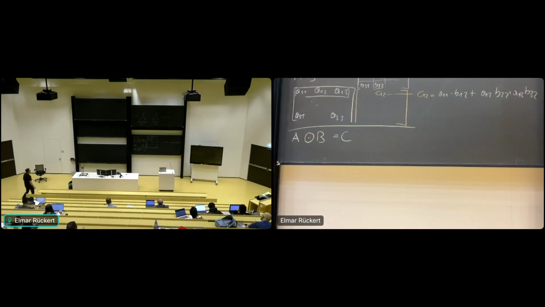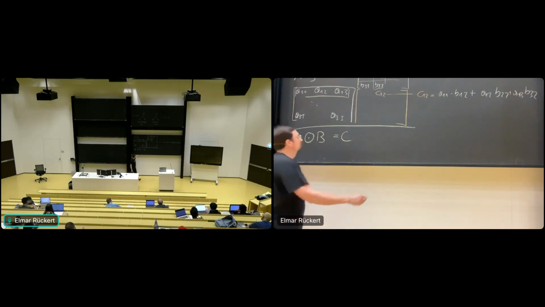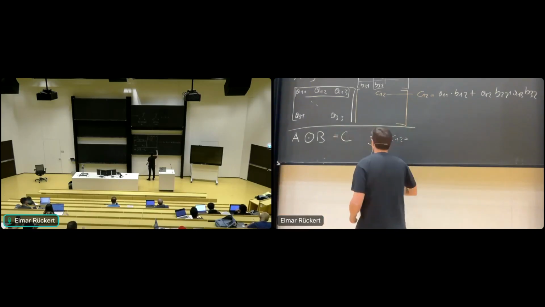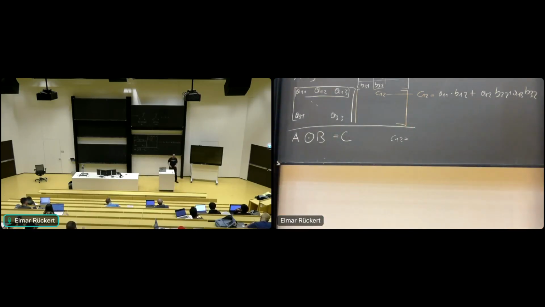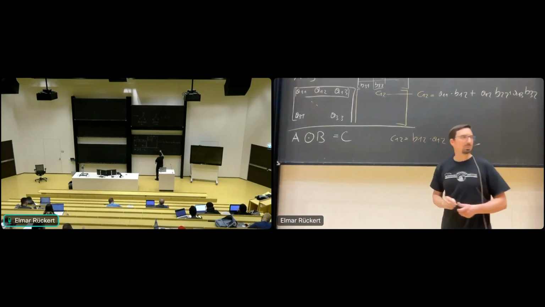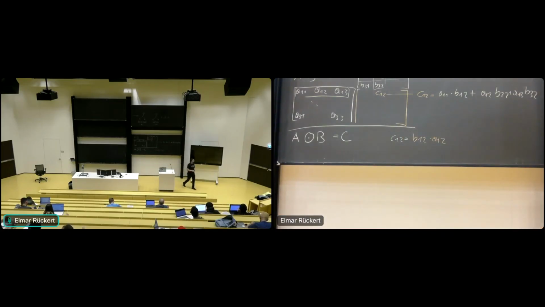And here, the difference is that this is an element-wise product. So here, C12 would be what? Exactly. So here you only take two elements. So it's B12 times A12 or vice versa. Really element by element. And here the dimensions need to match.